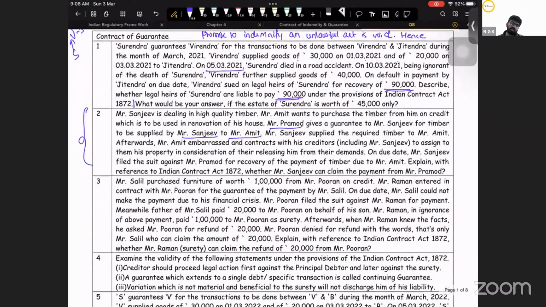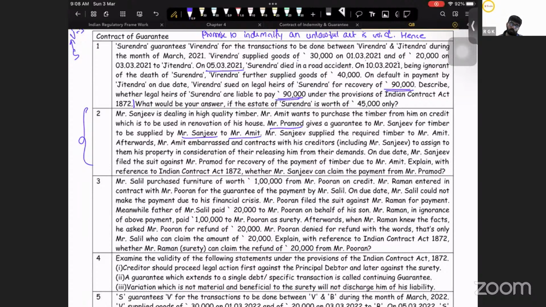Next, question number 3. Salil purchased furniture worth 1 lakh from Mr. Puran on credit. Mr. Raman entered into contract with Puran for the guarantee of payment by Mr. Salil. On due date, Salil could not make the payment due to his financial crisis.